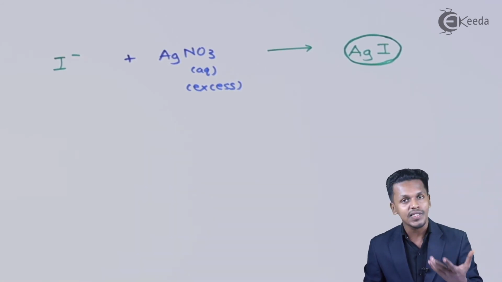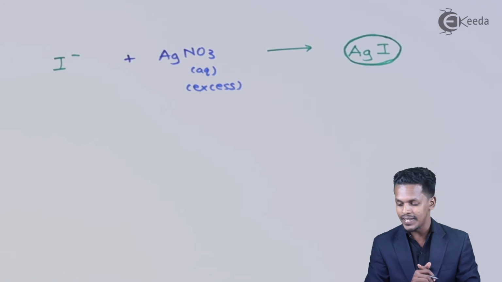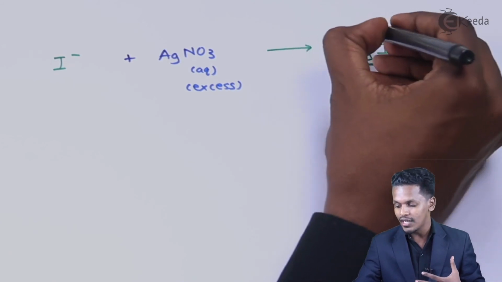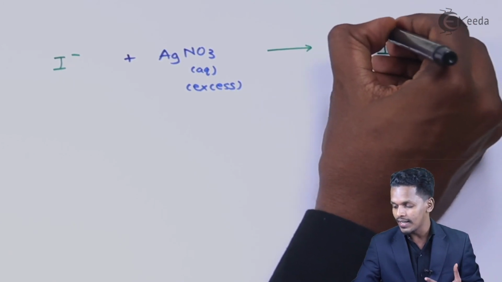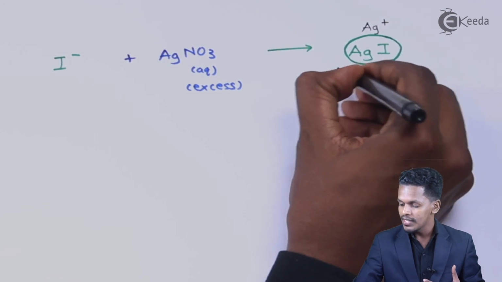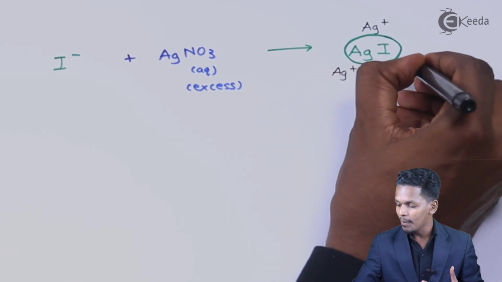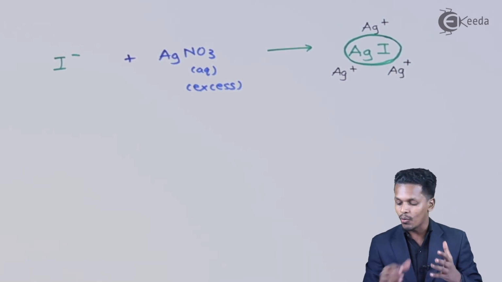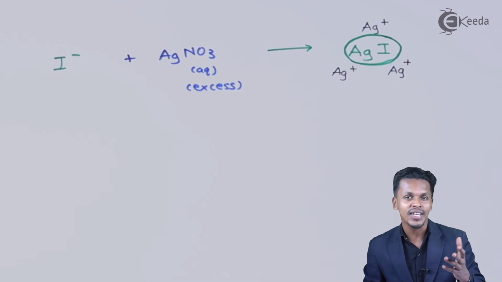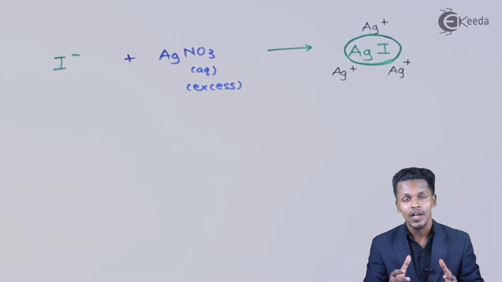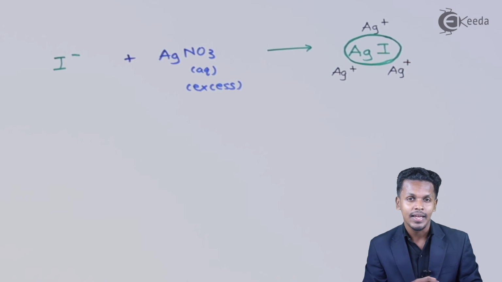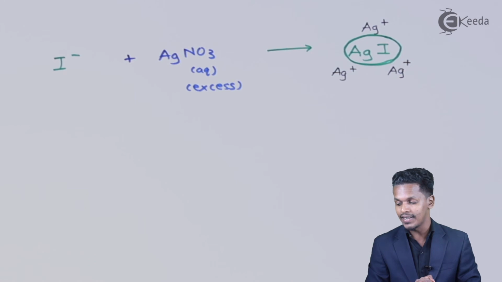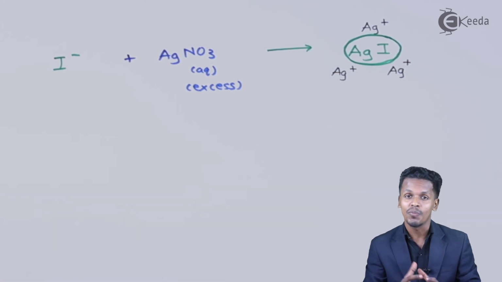This Ag plus would occupy the space around the AgI particle, and that is the reason that Ag plus will be surrounding this AgI particle, and the particle will acquire a positive charge. In the previous case it acquired a negative charge because I minus was surrounding the AgI particle. Now it is reversed, and the AgI acquires a positive charge.